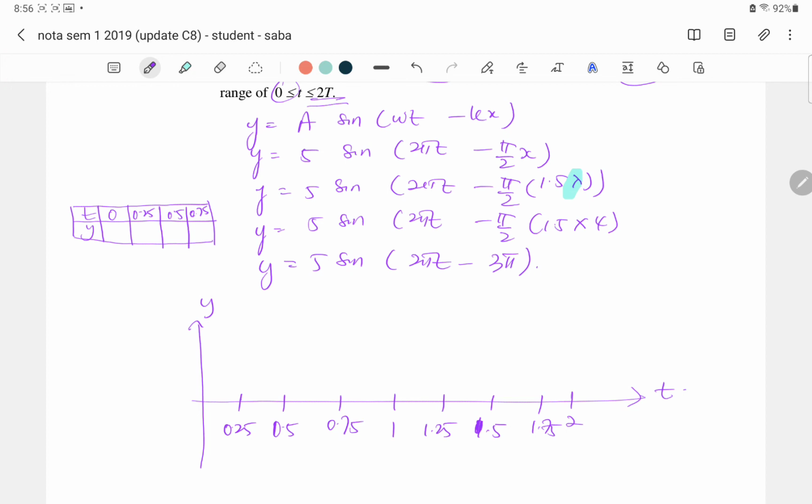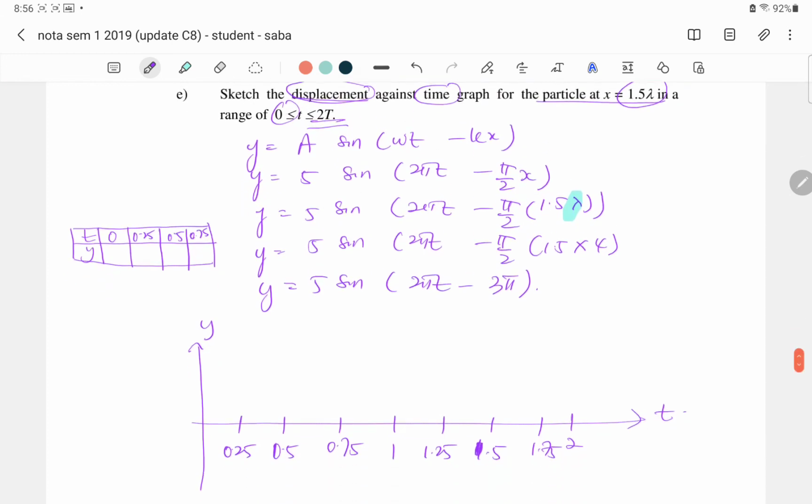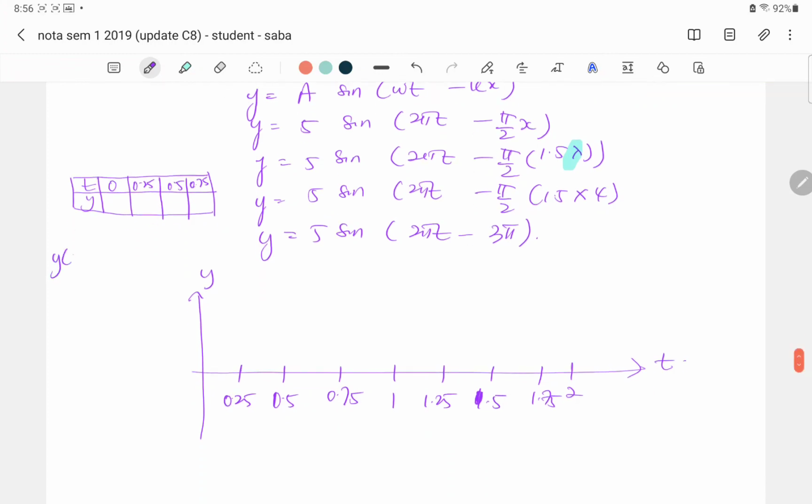So kat sini kita ada y(t). Lupa nak letak kat sini tapi you buat sendiri nanti. y(t) equal to 5 sin(2πt − 3π). Okay, so kita gantikan t equal to 0, so y(0) equals 5 sin(0 − 3π).